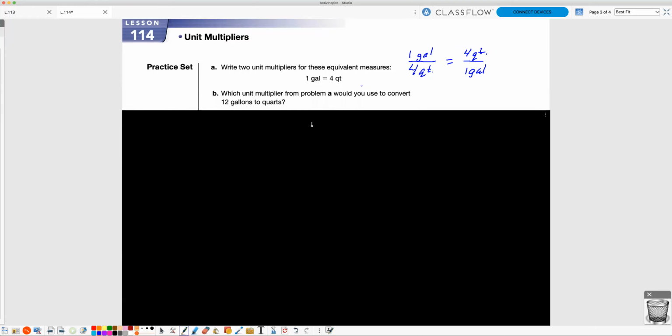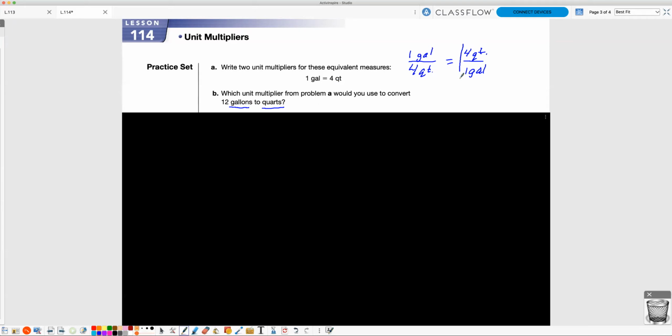Which unit multiplier from problem A would you use to convert 12 gallons to quarts? So we want to go from gallons to quarts. Remember from the previous slide that we needed to take the unit that we're going from and multiply it by a unit multiplier that has that in the denominator.